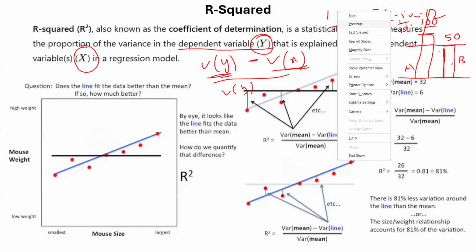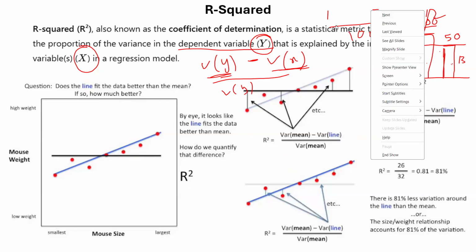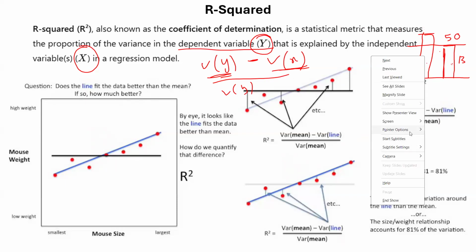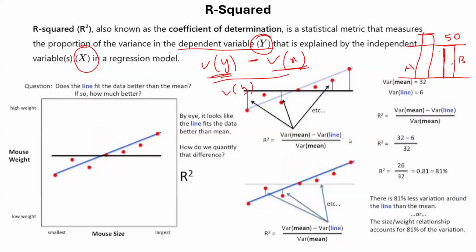One building's height is 100 feet and the other building's height is 50 feet. Now we want to understand how much of the height of the first building is explained by the second building. Exactly half of the first building's height is explained by the second building. So with 100 and 50, you subtract this value from this value, because you want to know how much is explained compared to this.